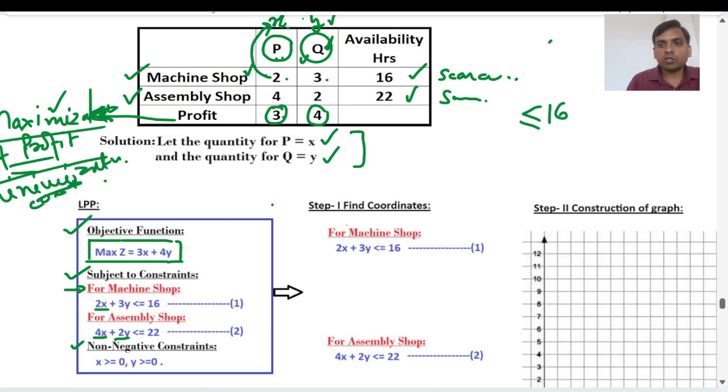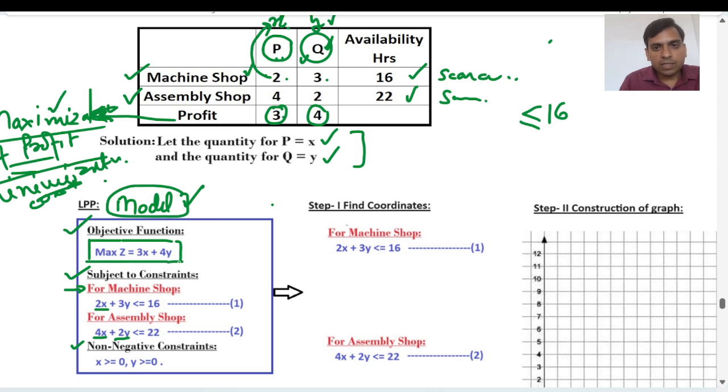If we produce, then the value of x and y is greater than 0, and if we do not produce, it is considered as 0 but not negative. That's why we write this as the non-negative constraint. So this is the model for our managerial problem.